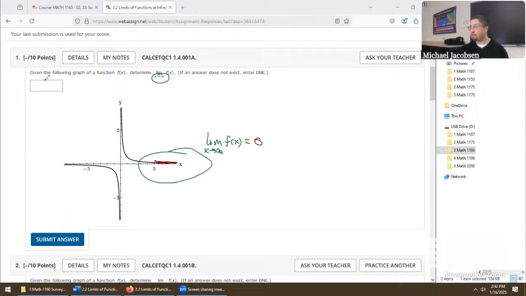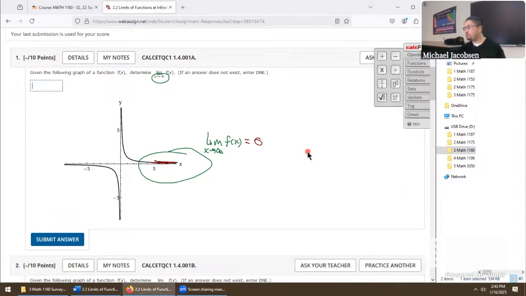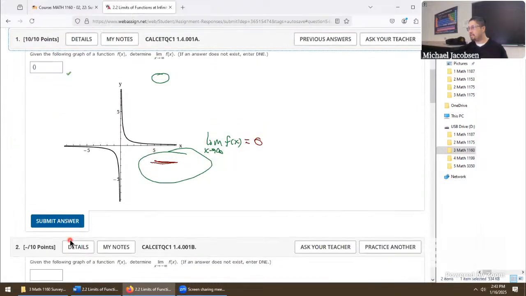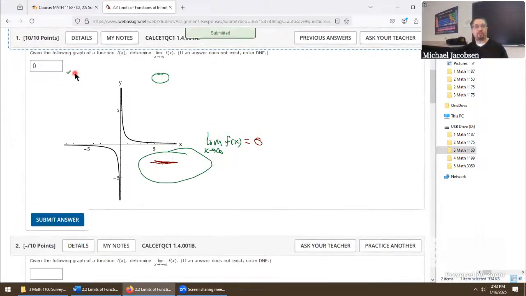So that means all we're going to do is come up here, drop in a value of 0. If the limit doesn't exist, we would put in DNE. We'll just have some examples like that. Click submit answer, and we're on our way. Check means we're all set.